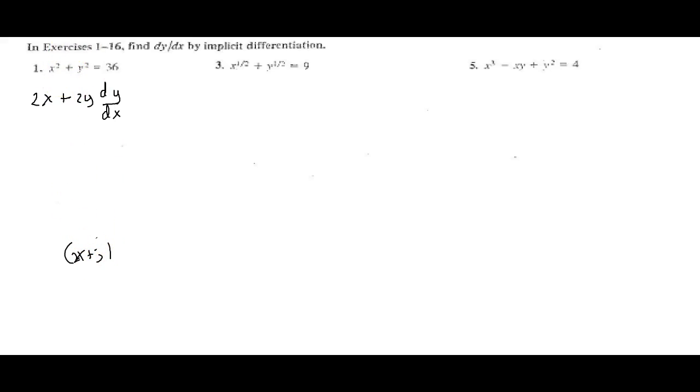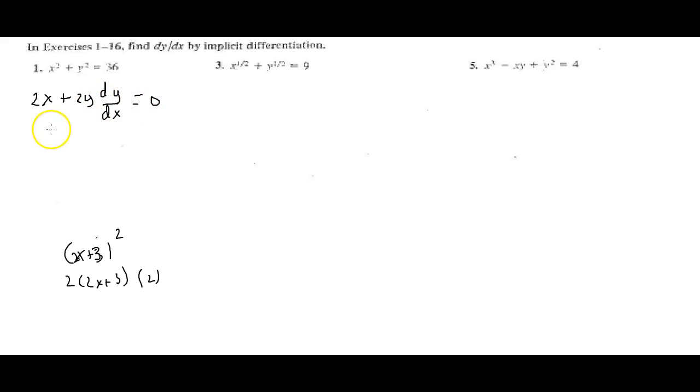So if I had (2x plus 3) squared, then the derivative would be 2 times (2x plus 3), because I can't do the derivative of this directly, but I can take the derivative of the outside, and then follow it on by taking the derivative of the inside, which would be 2. Same thing's happening here. I throw a 2 out in front of the y, because I don't know how to take the derivative of y, and then I tack on the end whatever the derivative of y with respect to x is. Now this is super handy because I'm actually trying to find dy/dx.